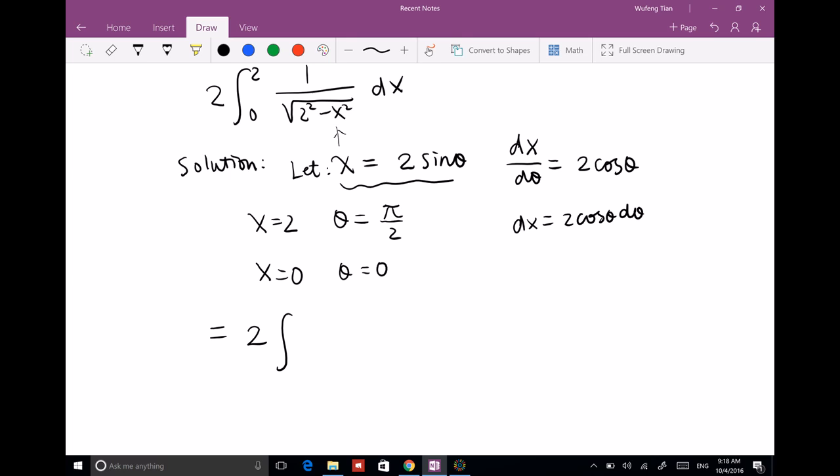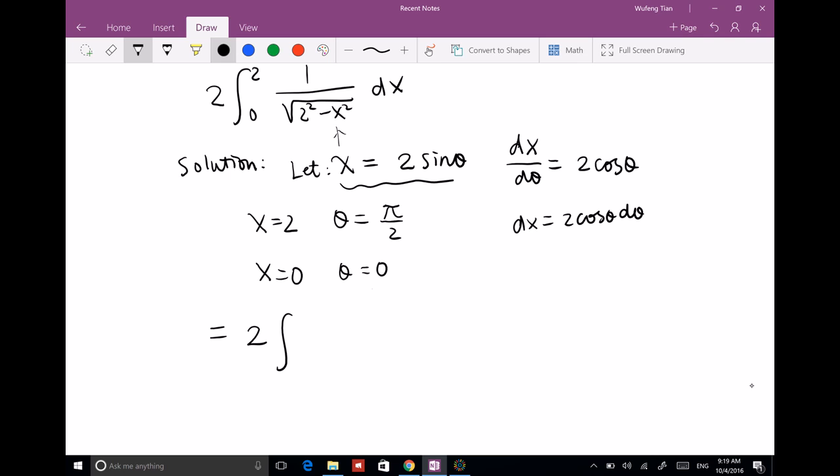So can anyone help me to finish the rest of the substitution process? Nicholas, could you please help me to finish the process? I'll try.